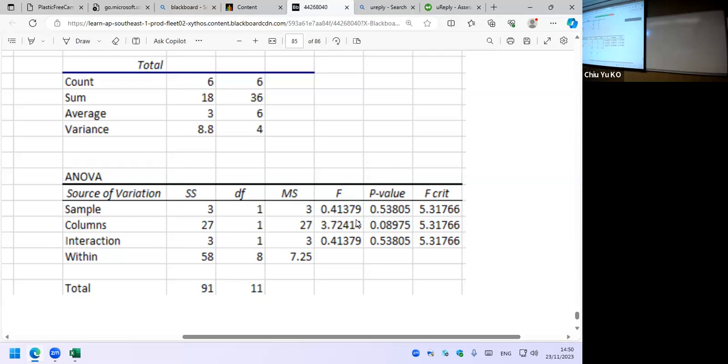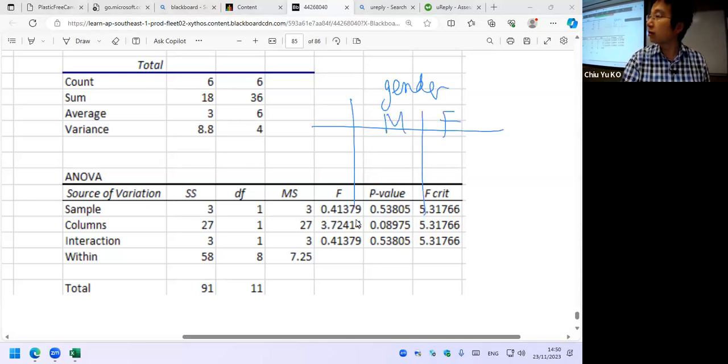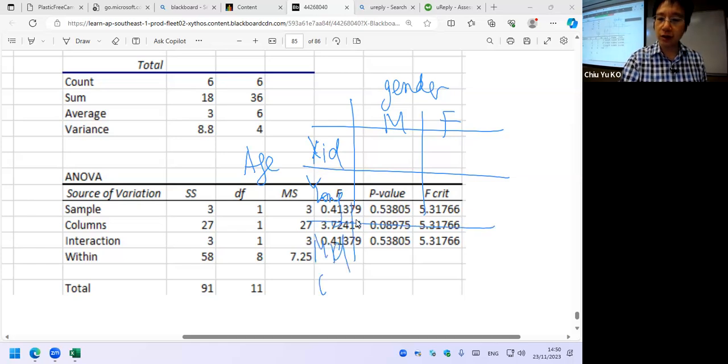Let me repeat what two-way ANOVA is. Two-way ANOVA is asking about two things for each observation. Gender may be male or female, and age group may be kid, young, middle age, and old.